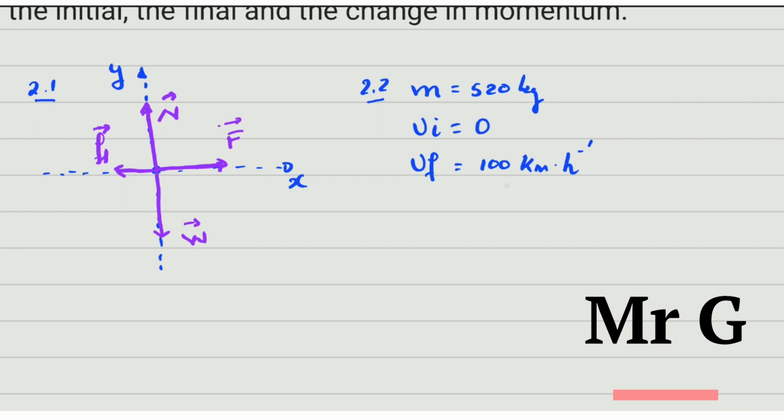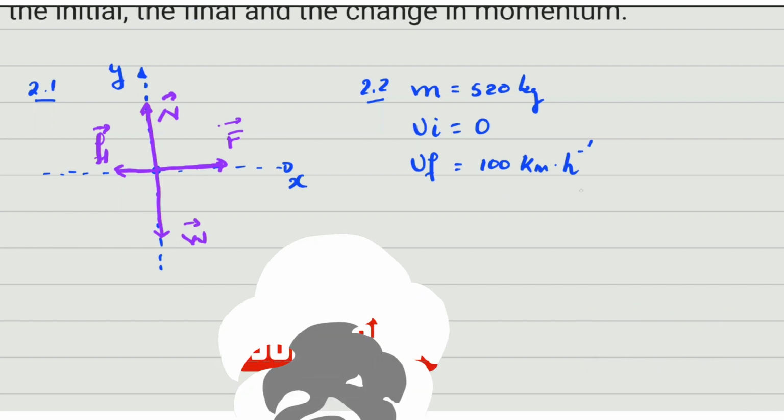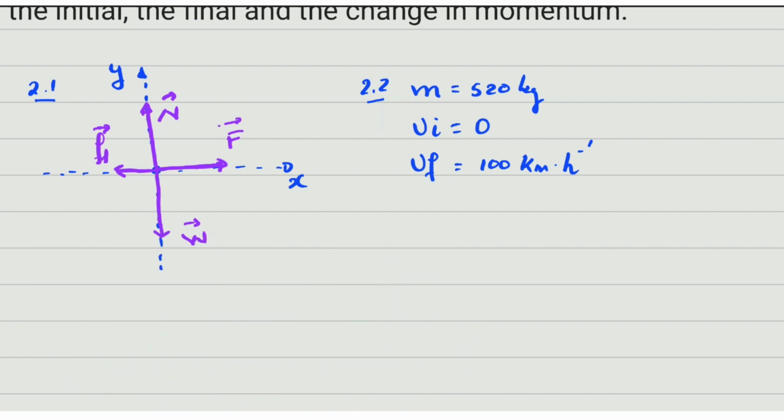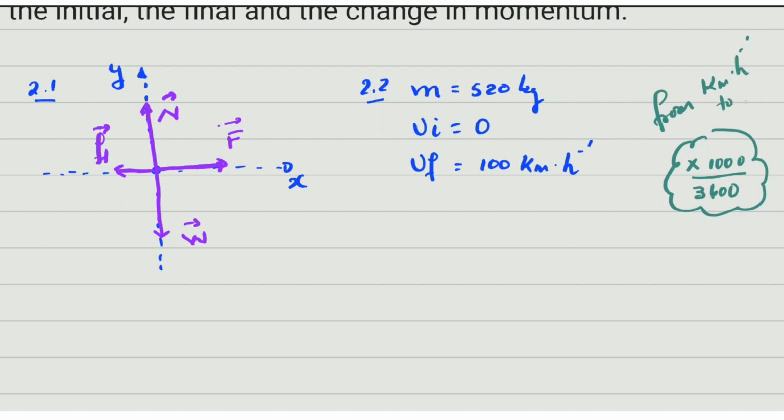So how are we going to convert this one? To convert, you are going to multiply by 1000 and divide by 3600. This is how to convert from kilometers per hour to meters per second. This is important.